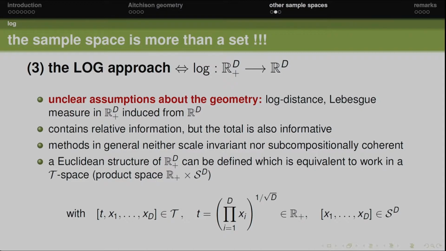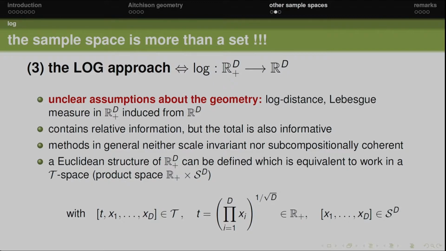So it is confusing how to deal with the patterns that we observe, but it is based on two key elements: relative information, the same as with compositional data, and the total is assumed to be informative.